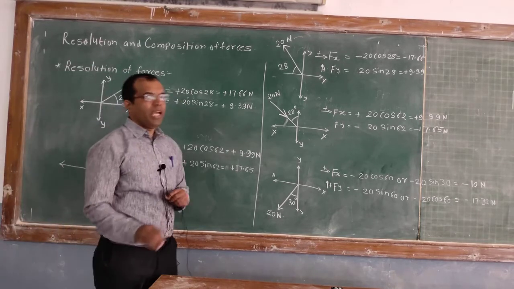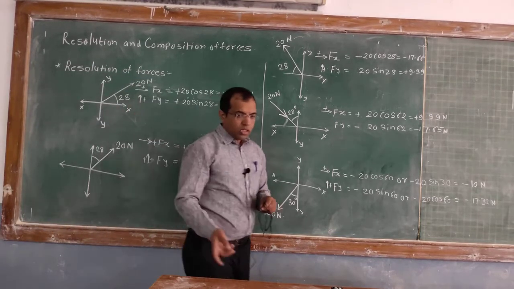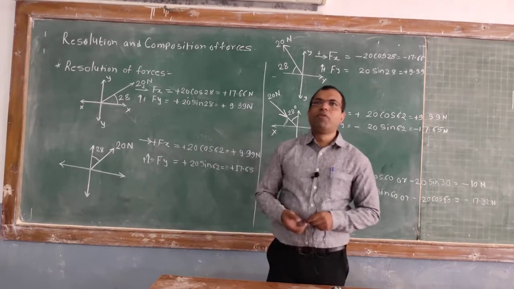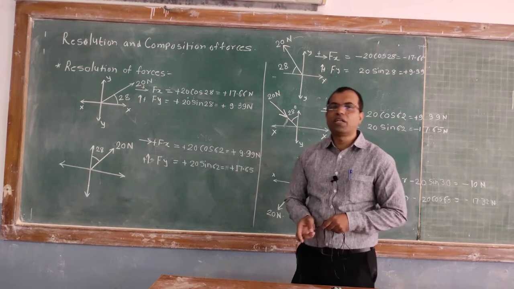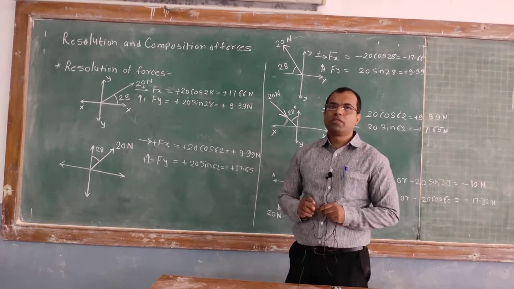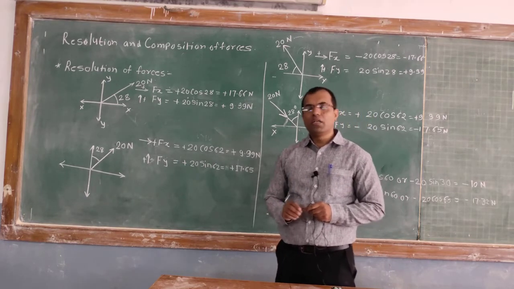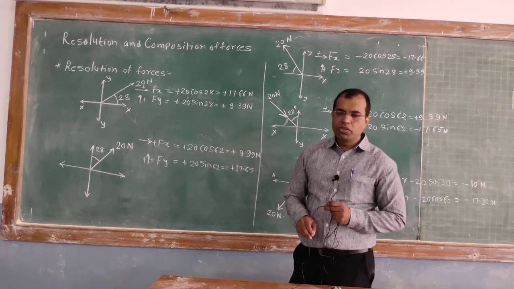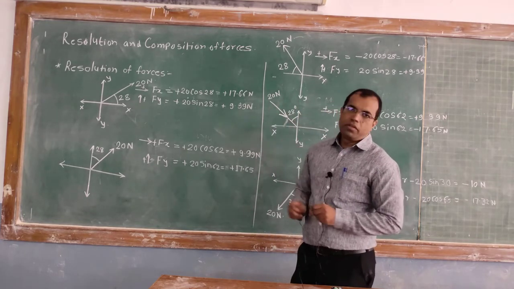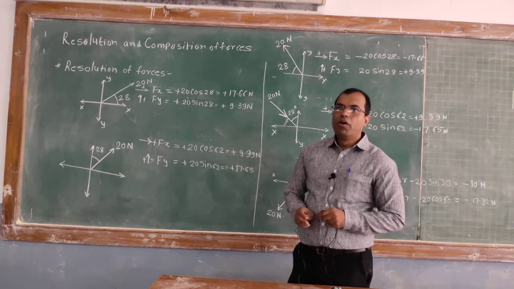Then we learned the law of parallelogram of forces. That method is useful to find the resultant of two concurrent forces. If there are two concurrent forces, then we have to use the law of parallelogram of forces.